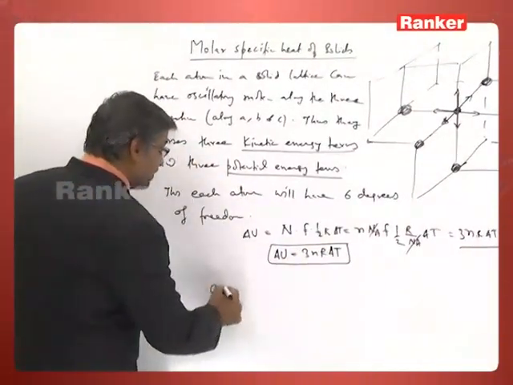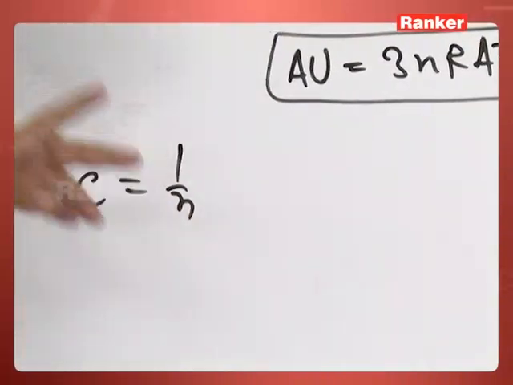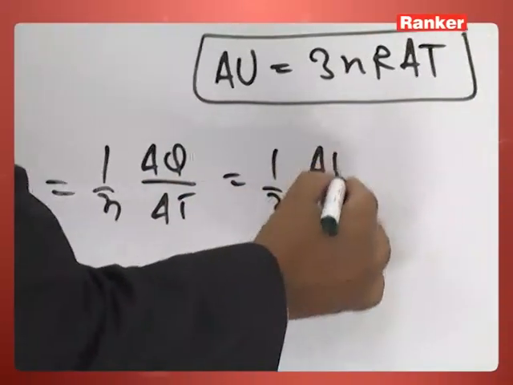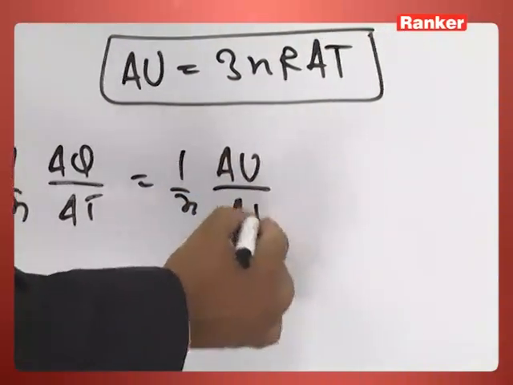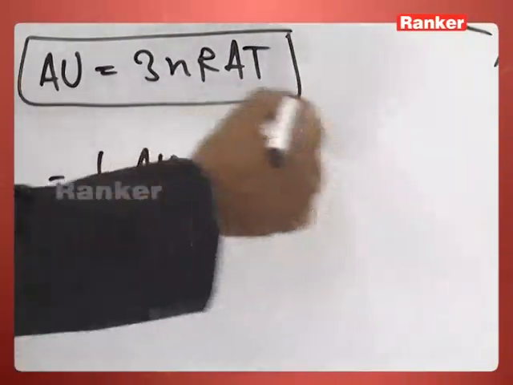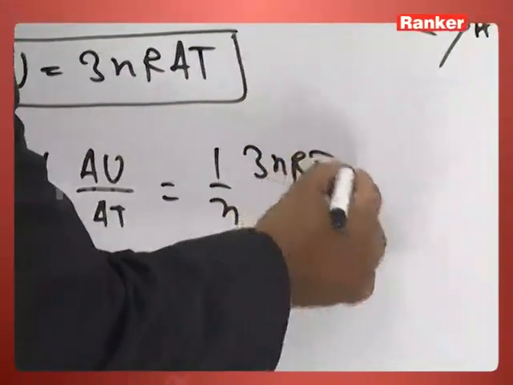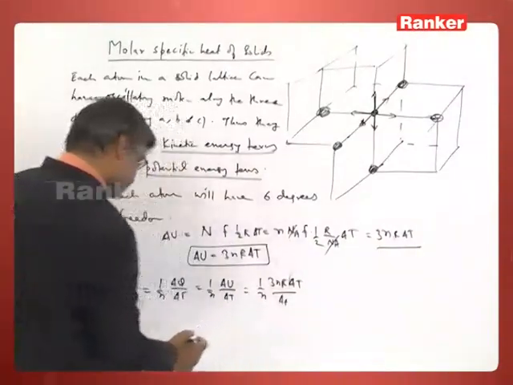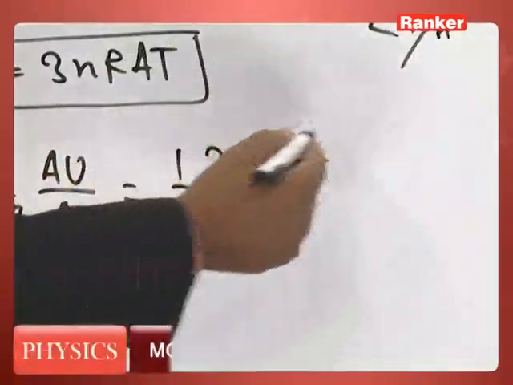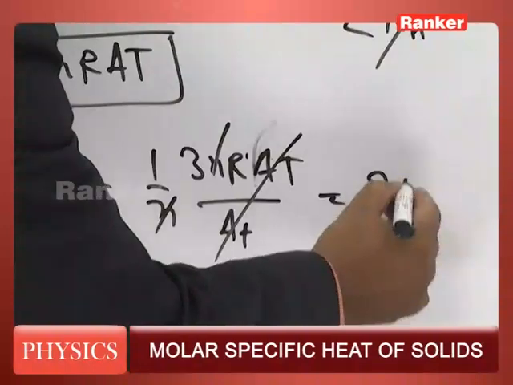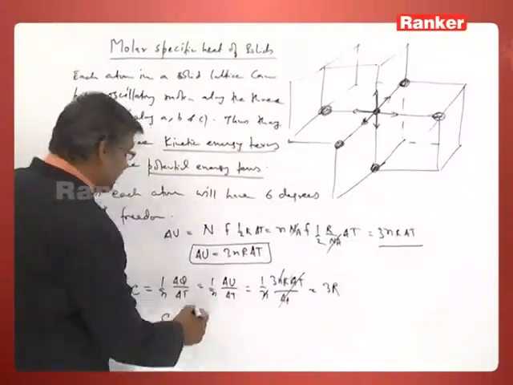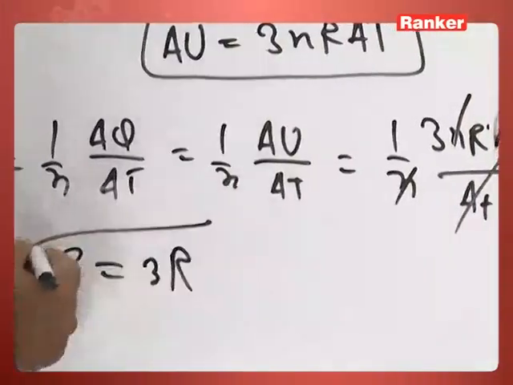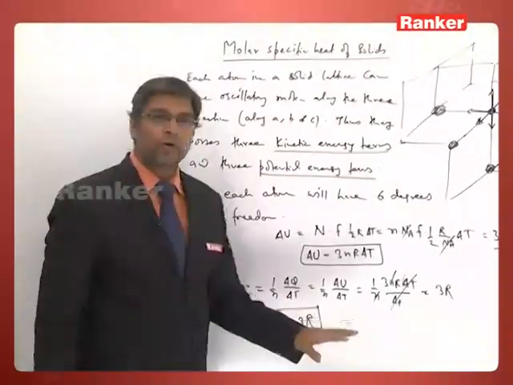So we define this C for that solid as 1 by n, this is molar, that is delta Q by delta T. Since delta Q is equal to the change in internal energy, delta U will become 3 n R delta T by delta T. Delta T cancels out, n cancels out, we have 3 R. Thus the specific heat of a solid becomes 3 R, which is nearly constant for all solids.